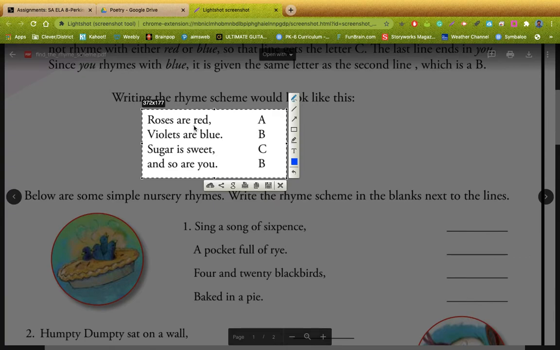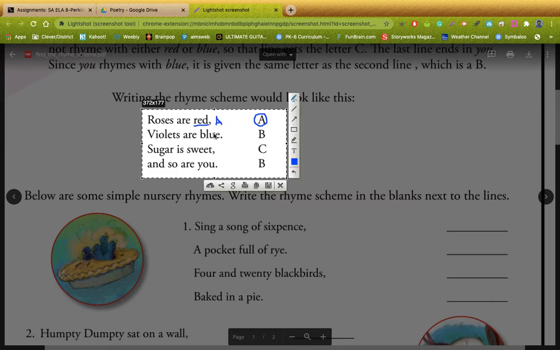The last word is red. Now, the first line is always going to be A. So this will be an A line. I'm going to say that again just to make sure it's very clear.